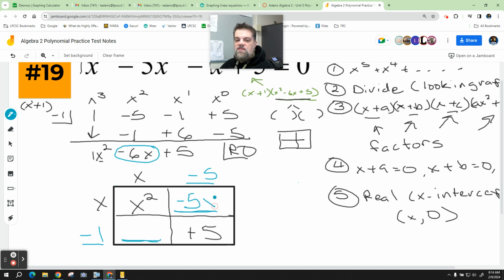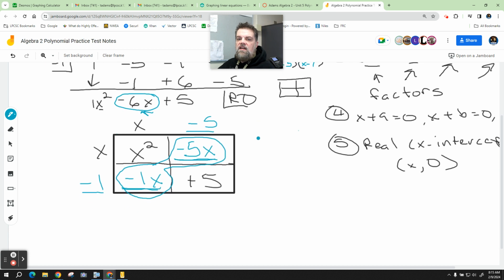Negative 5x, right? What is negative 1 times x? Negative 1x. When I combine these terms, when I add those up, what do they equal? This right here, right? So then my last thing right here is going to be x minus 5 times the quantity x minus 1.